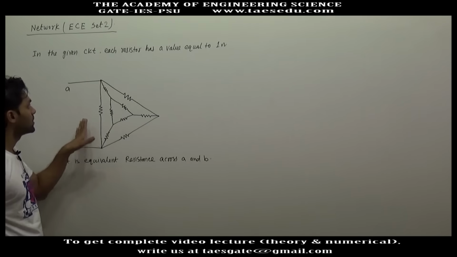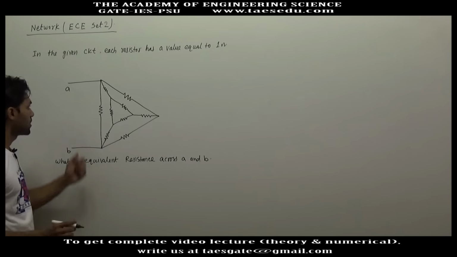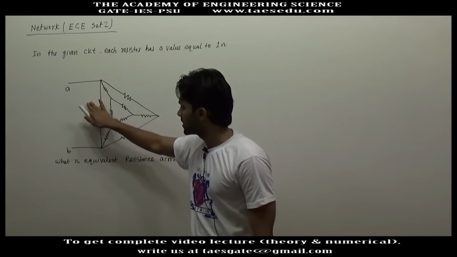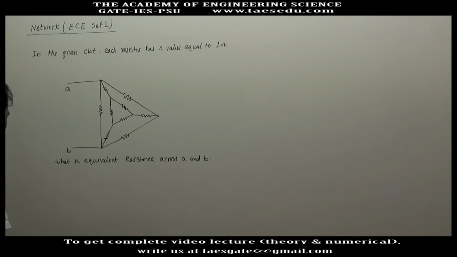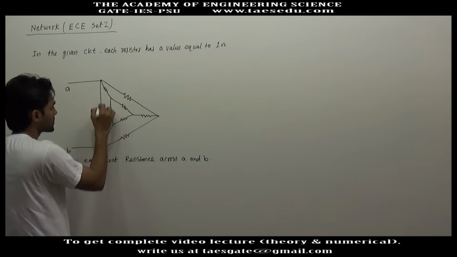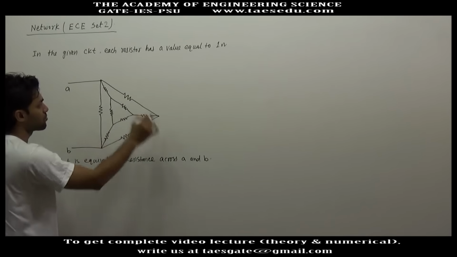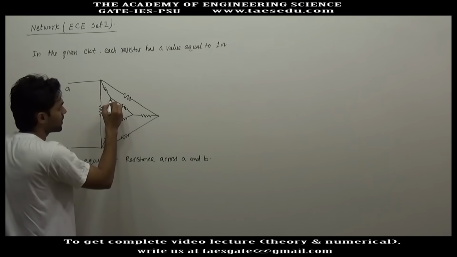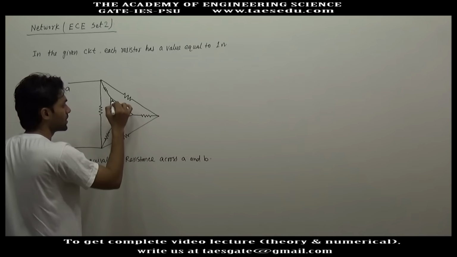In this network, each resistance has a value of 1 ohm, and we are required to find the equivalent resistance across terminals A and B. If we observe carefully, this is a delta connection. The resistances in the outermost triangle form a delta connection, and the inner resistances in the innermost triangle are also a delta connection.